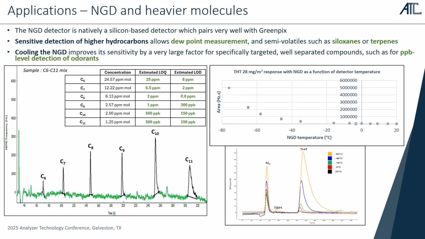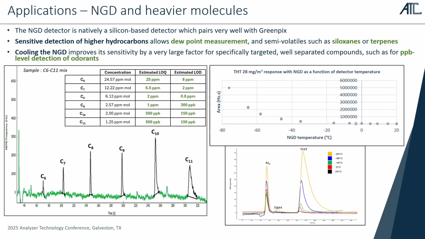I mentioned the fact that the sensitivity of the NGD can be tuned by temperature. And this is what you see on the right, with another example using THT, the same odorant as previously. What you see on the chromatogram on the bottom right is how a peak area increases as you cool down the NGD. And the curve on the top, area as a function of the NGD temperature, shows you that it's an exponential gain.